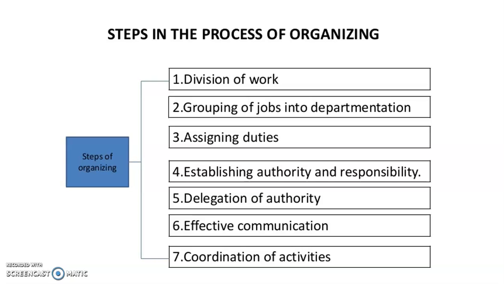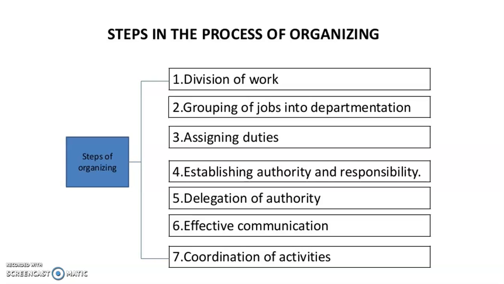Then delegation of authority. The authorities are delegated at different levels so that smooth and effective functioning may be there in the organization, and employees can solve their problems at different levels. Effective communication between the employees, top to bottom, bottom to top, and at horizontal level also.